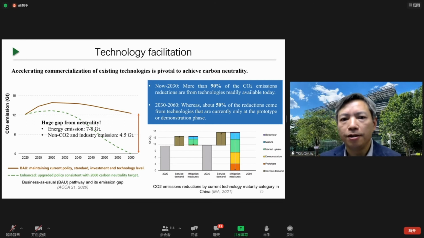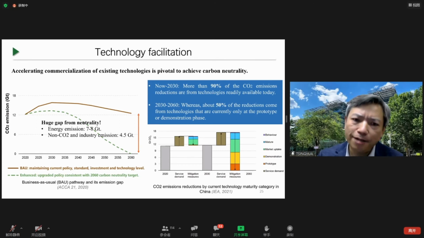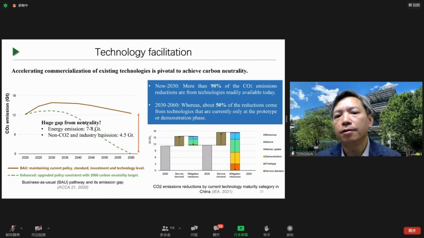The right chart shows the mitigation potential in terms of technological maturity. More than 90% of the CO2 emission reductions by 2030 are from technologies readily available today, whereas about half of the reduction in 2060 relative to 2030 comes from technologies that are currently only at the prototype or demonstration phase.